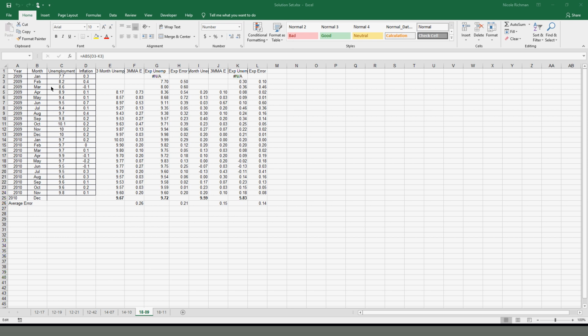So our forecasted sales is going to equal, and we're going to retype this equation in here, equals our intercept times our x plus our slope.